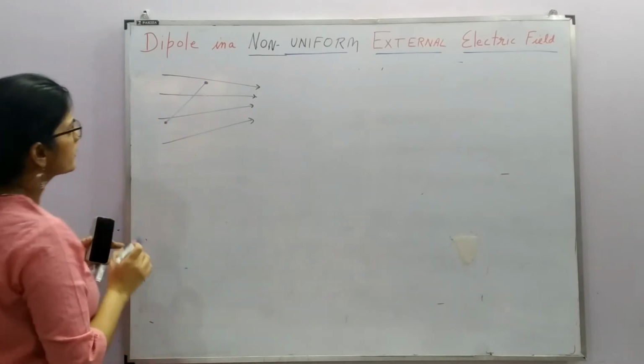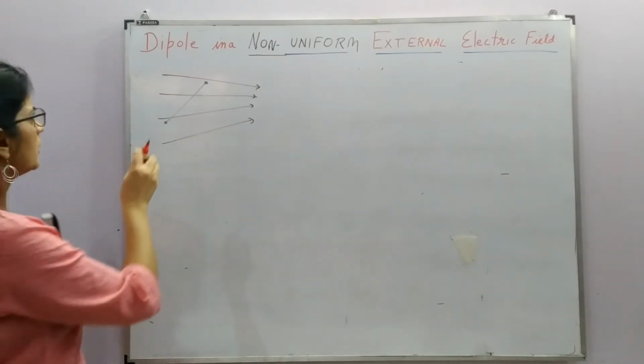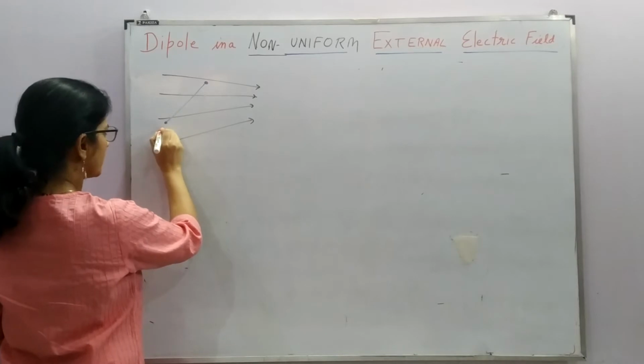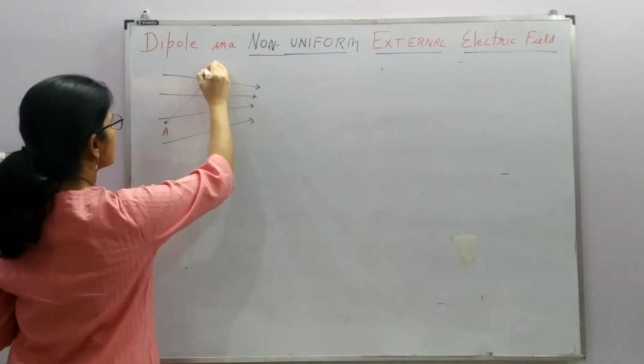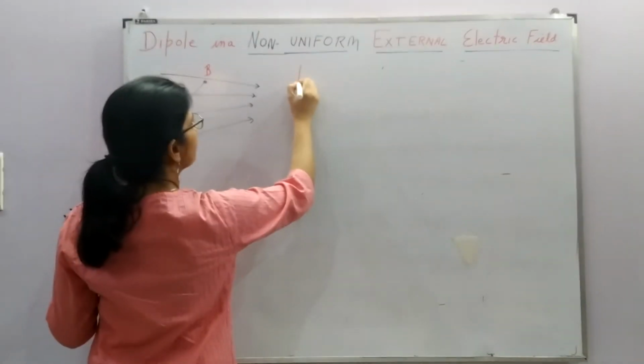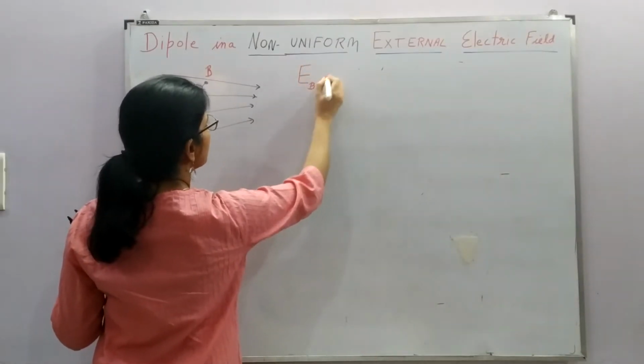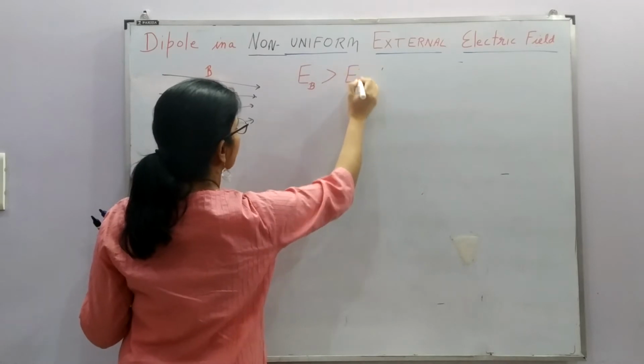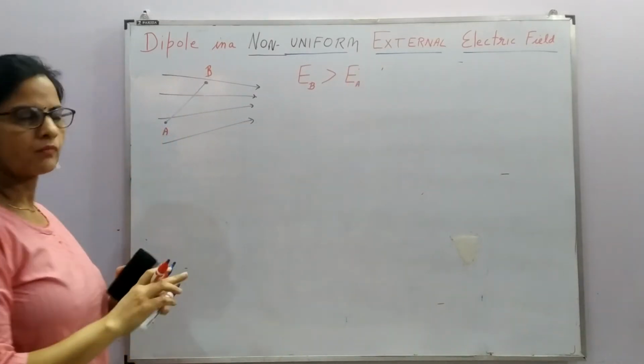right? And let's say, for example, the point over here is A. This is point B. So according to the figure, the electric field at B is greater than electric field at A, right?